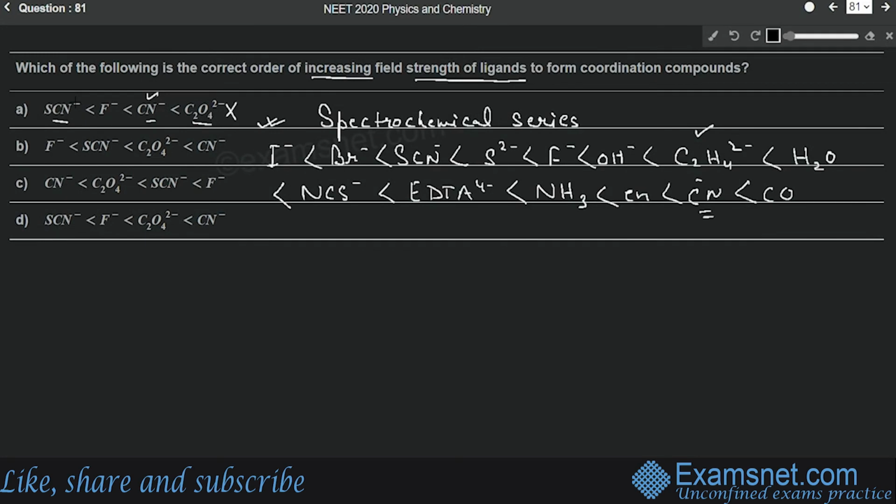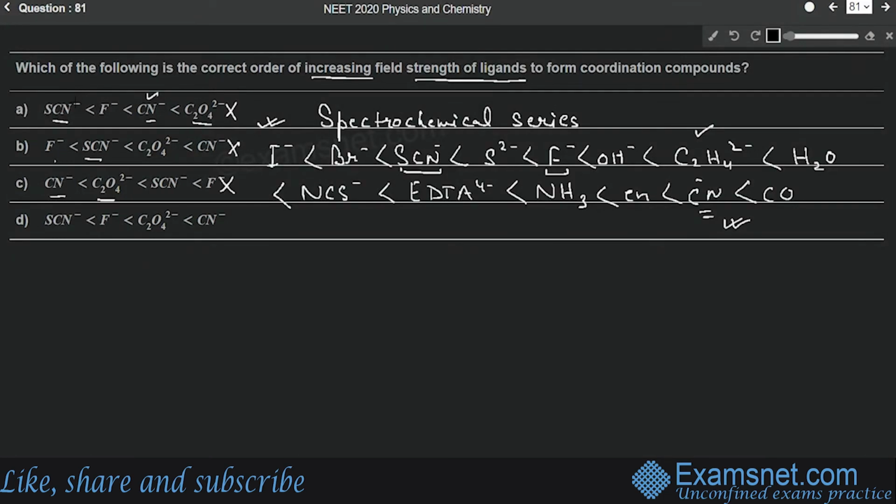Now in the second one we can see that SCN is written after fluoride. Okay, so this is also not true because SCN in the spectrochemical series comes first and then fluoride comes. Now if we come to the third one, cyanide, then C2O4 2 minus. So again cyanide comes later, and C2O4 2 minus comes first. So this is also not correct.